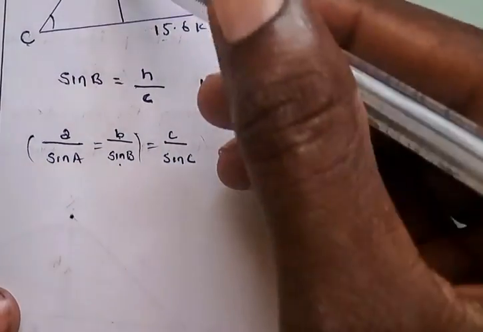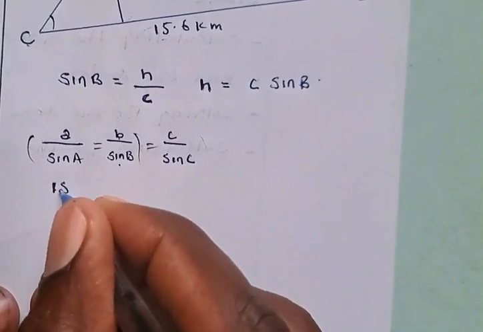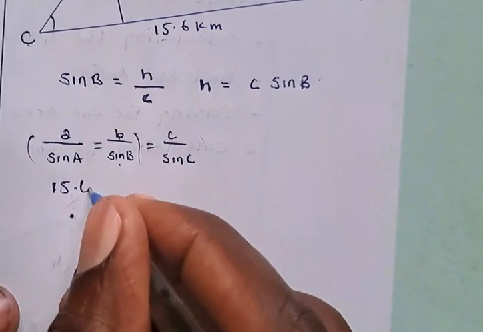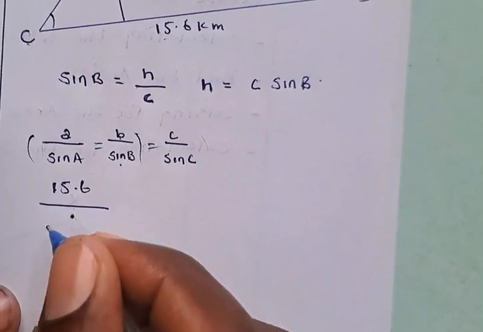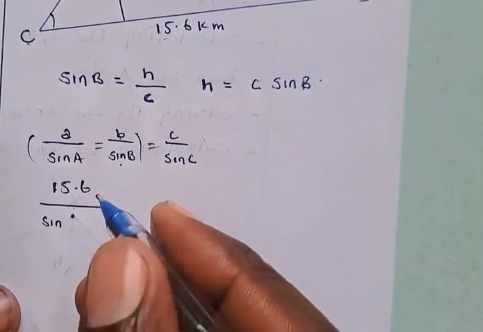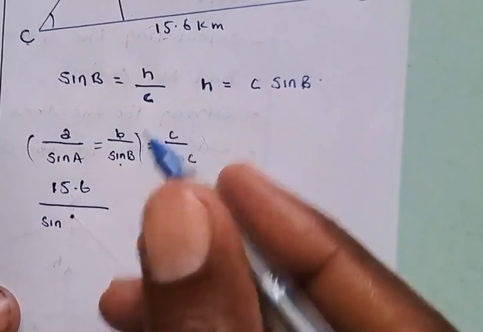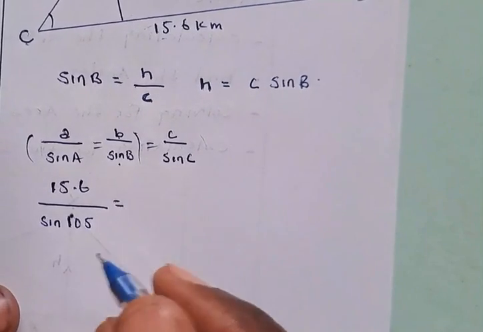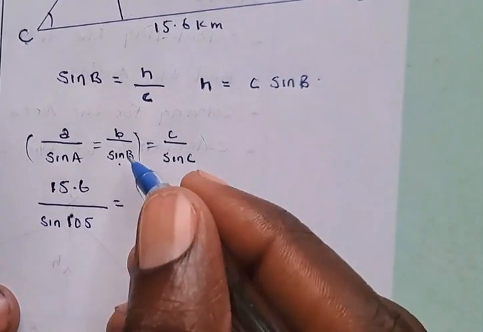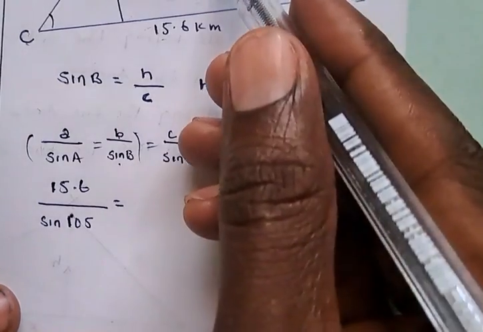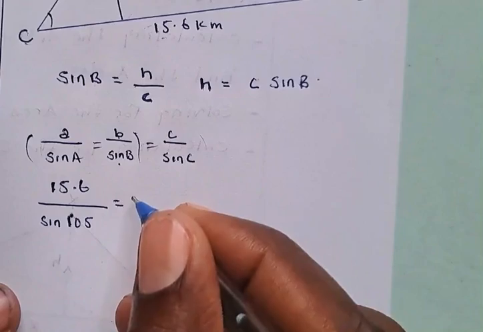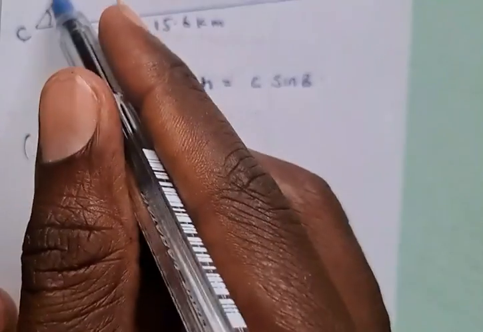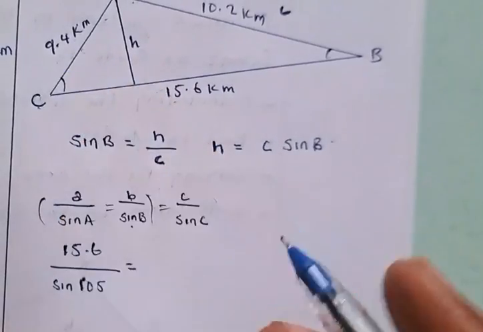So what is our A? Our A is 15.6 over sine 105 is equal to, what do we have on B? Yeah, B is this one there.